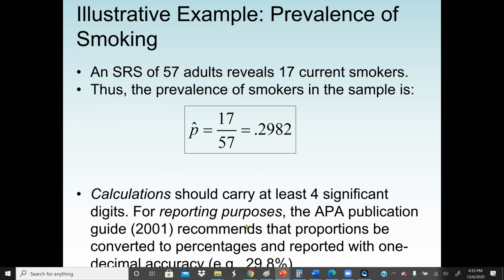For reporting purposes, the APA Publication Guide 2001 recommends that proportions be converted to percentages and reported with only 1 decimal. So if I'm using APA, instead of 0.2982, I will write 29.8% prevalence of current smokers.